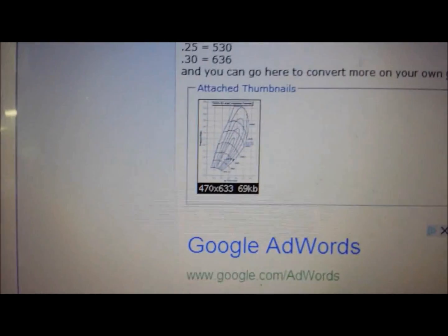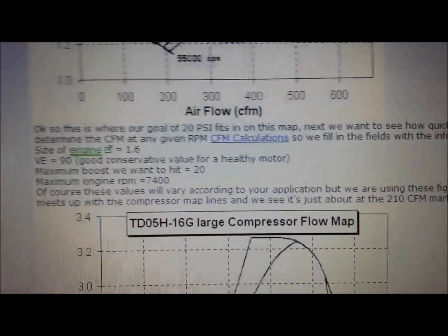I'm going to be using this tutorial and some of the tools on it to teach you some stuff about turbos here. One of the things is you will be able to download the image at the bottom to follow along with, and also there is a CFM calculations calculator there in blue that you'll have to click on to use.